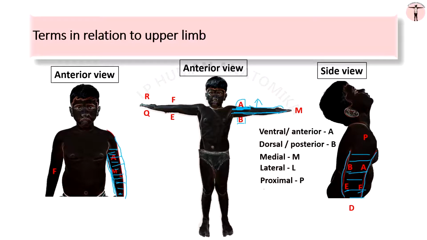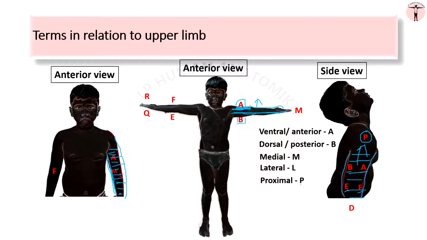Now what is proximal and what is distal? Okay, proximal is close to the attachment of the limb. Okay, so we call this the root of the limb. So when the structure is close to the proximal part or the root of the limb, we call it proximal.